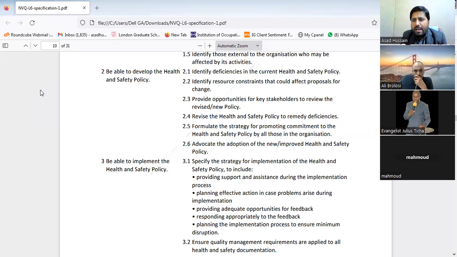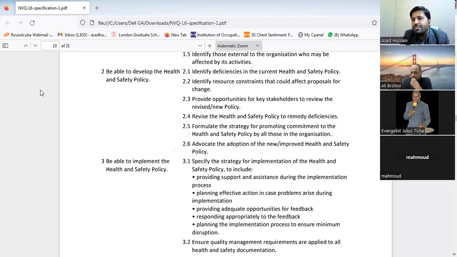So what you have to explain here is, whenever you have a chance of modification of the health and safety policy, how you are communicating this, discussing, and getting suggestions on the modified policy. In the past in your organization you had an older version of the health and safety policy and you have modified that.